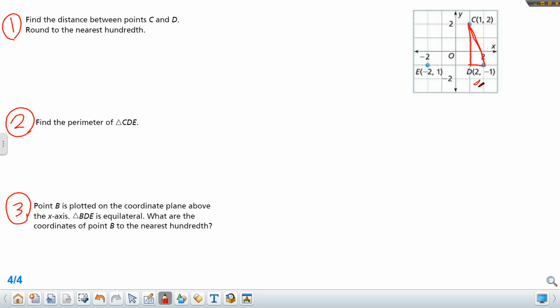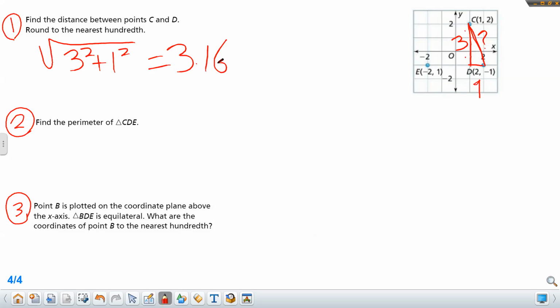Horizontal here is 1, but vertical is 1, 2, 3. So how to find CD? Using the rule, square root of 3 squared plus 1 squared. Approximated to the nearest hundredth, it will be 3.16.